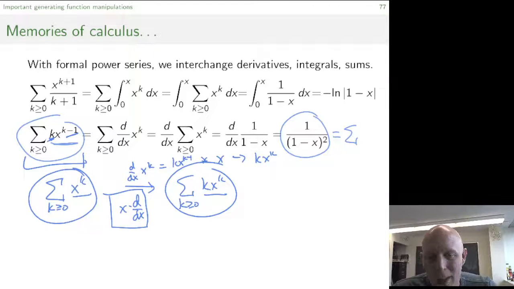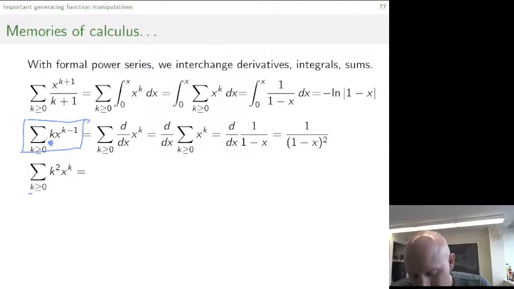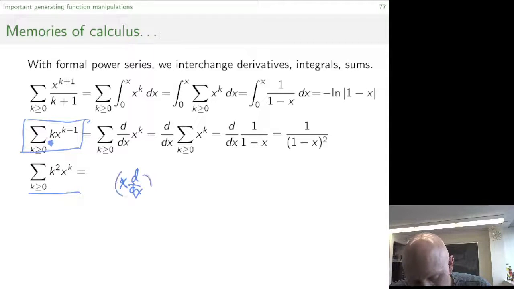So this always makes me think about Charli XCX. Here it's x d/dx. Whenever you want to bring down a k in front of an x to the k, you have this operation that's x d/dx. So if we have the sum of k squared x to the k, that's the same thing as doing x d/dx twice.